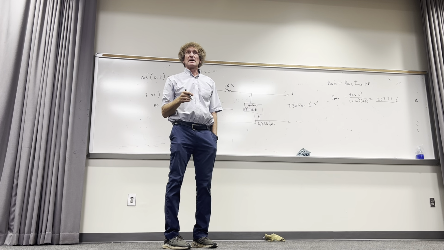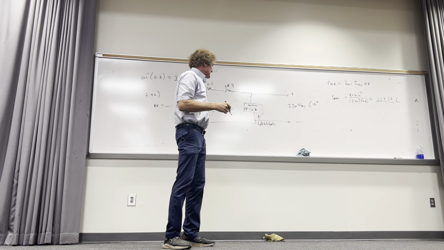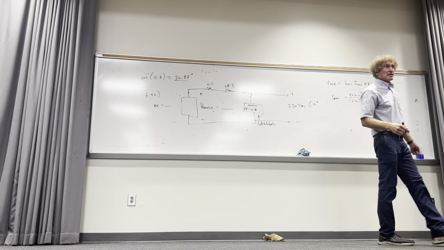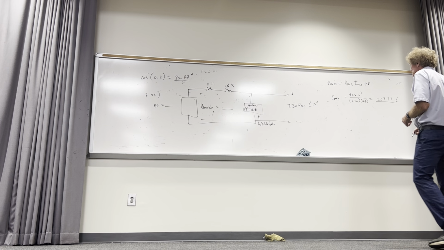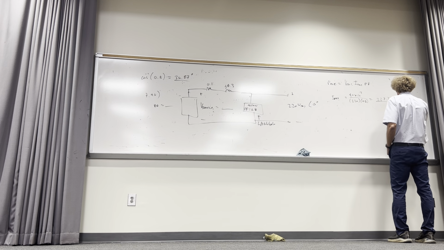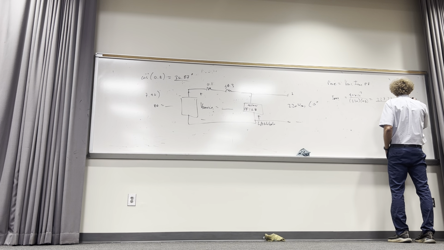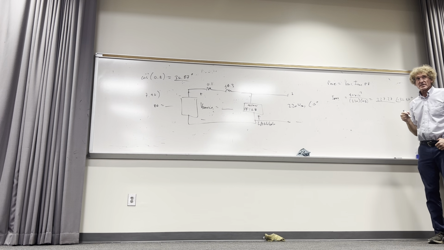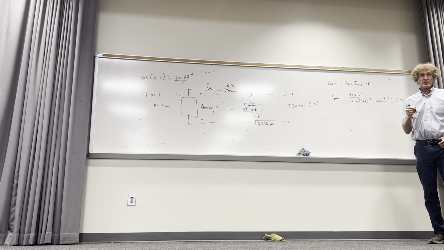Now you tell me, if it says lagging, what is the angle going to be here? Negative, right? Negative 36.87. And this would be the RMS current. Everybody agree with that?